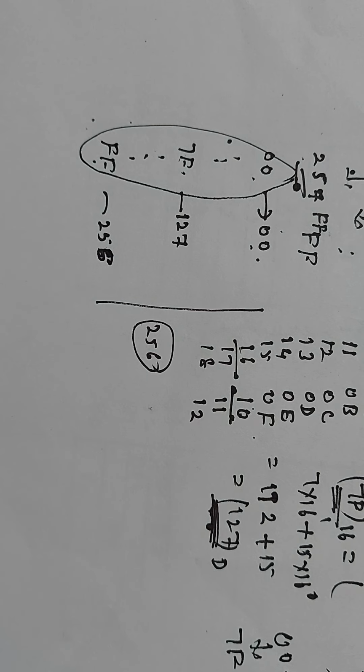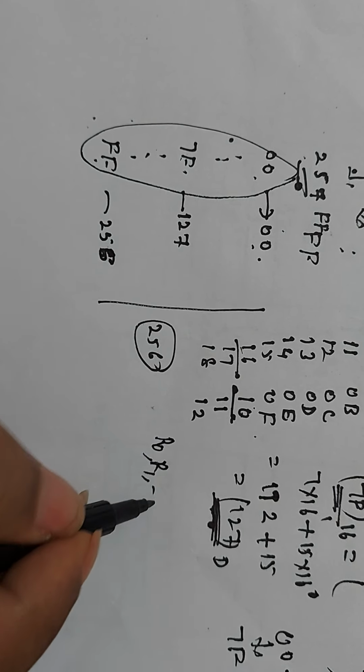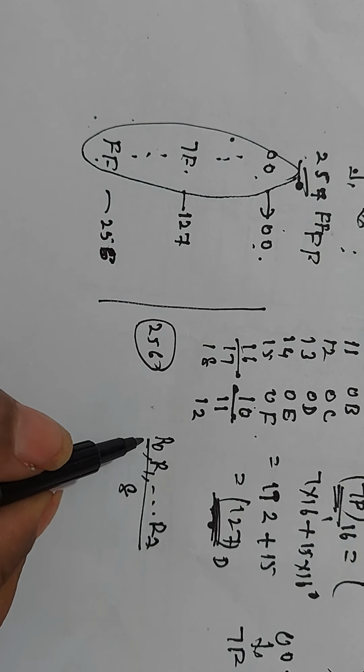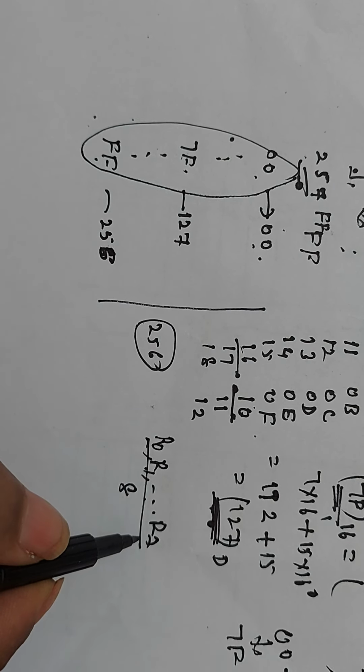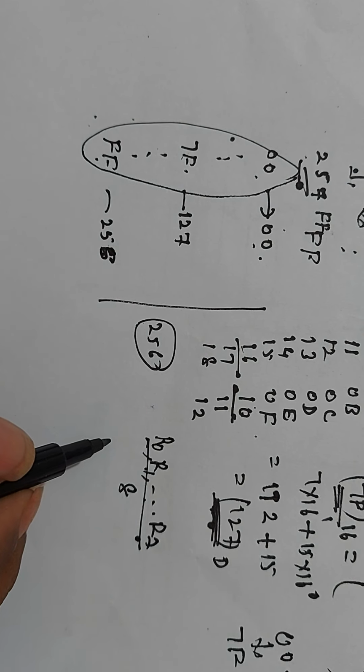Now, recognizing the different types of registers present in 8051. In 8051, there are 8 working registers, namely R0, R1, up to R7, and certain special function registers.